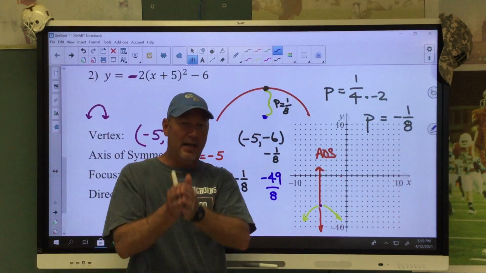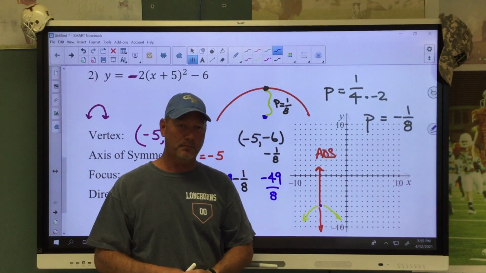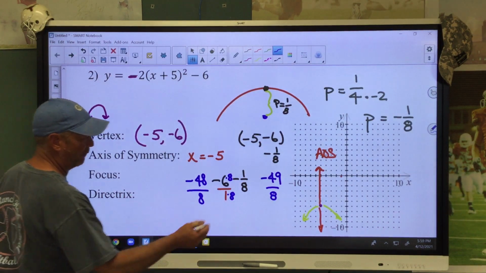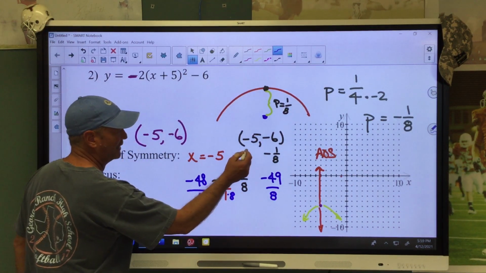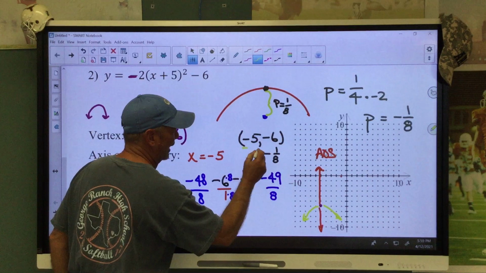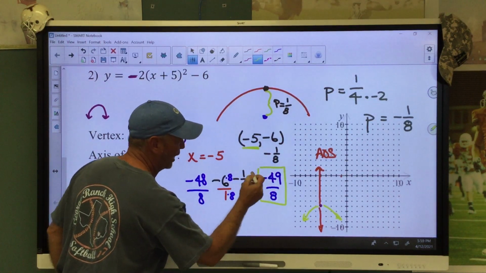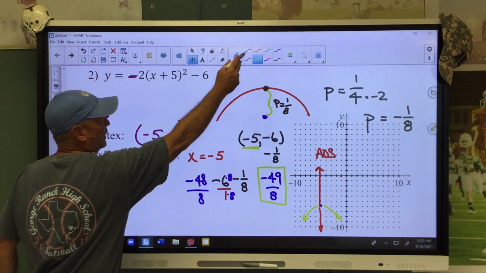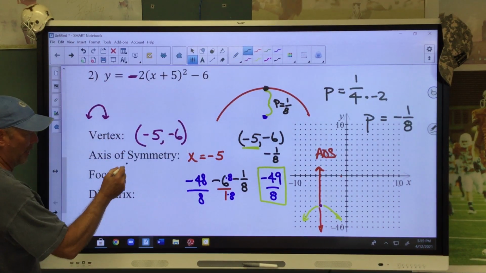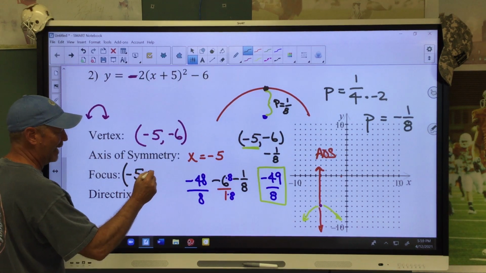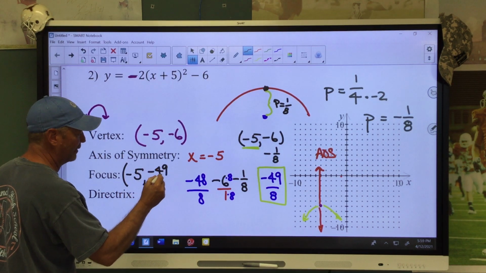If I'm going up and down, we change the y value. The -5 stayed the same, but the y value changed. So my focus will now be at -5, -49/8.